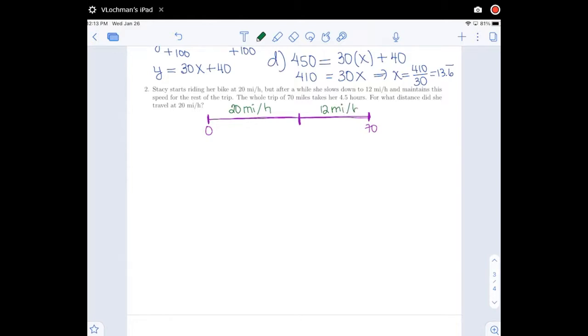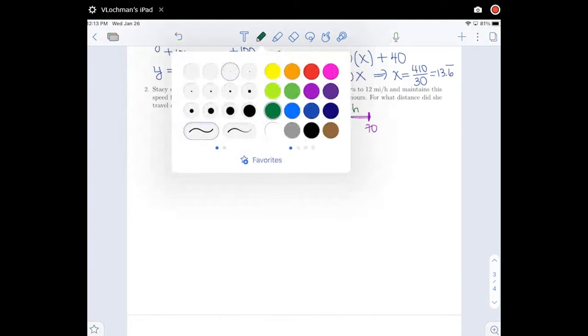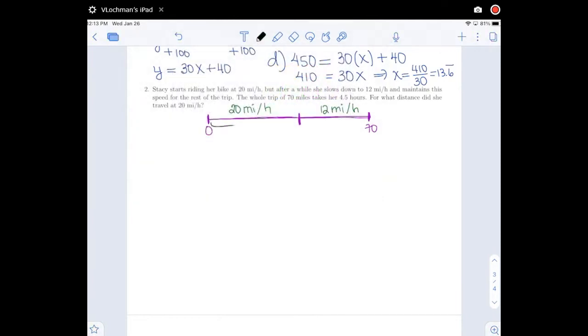Okay, we would like to find how long she was going for 20 miles per hour. What is this distance right here? Now, if we find what the other piece is, we can also just subtract it from 70, right? But that's all of the information we have. And we also have that the total time it took was 4.5 hours.